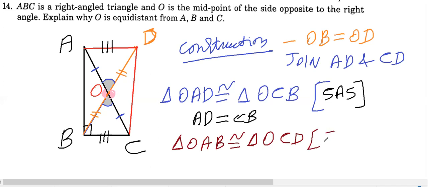Okay, again this is SAS test. Why? Because this OA is equal to OC, this angle AOB is equal to angle COD by vertically opposite angle, and OB is equal to OD. This is by construction. So I can say that AB is equal to CD.